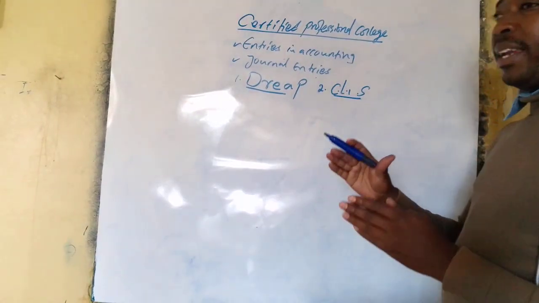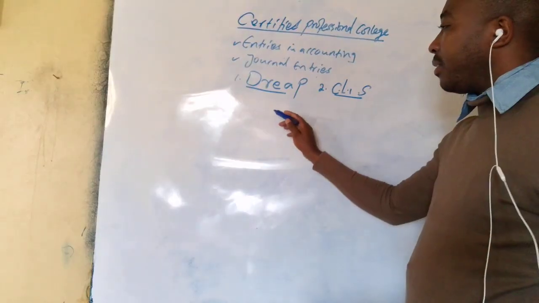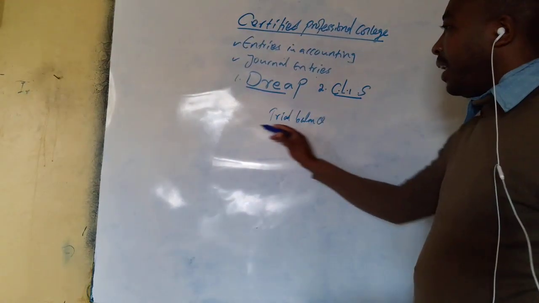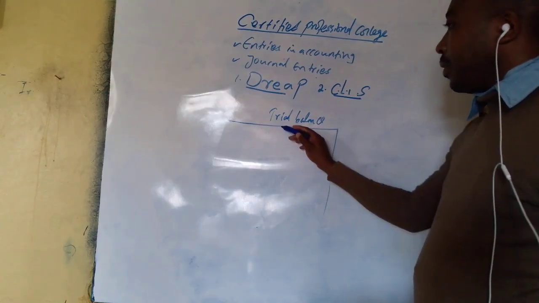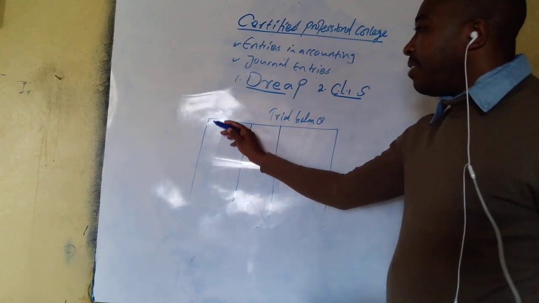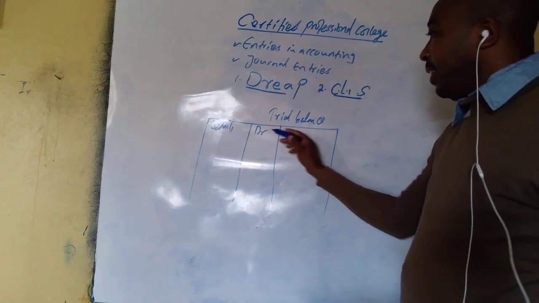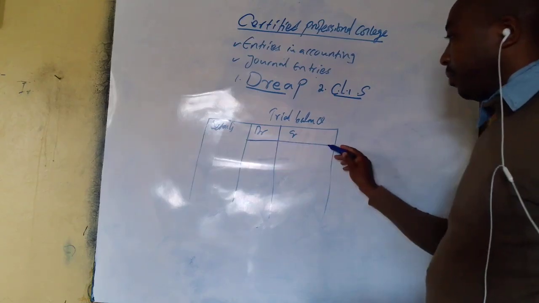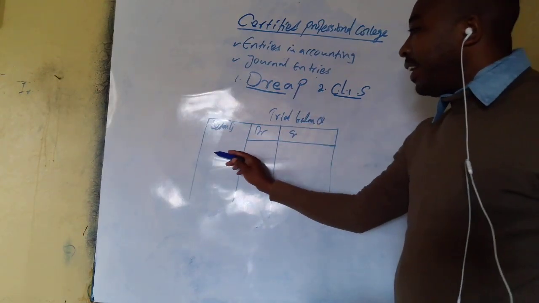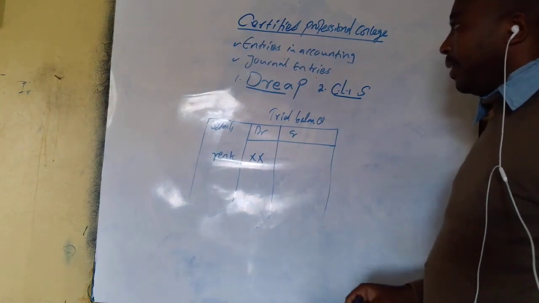Even when you are preparing a trial balance, you just come and draw it like this. Here we have details. Here we have debit and credit. So if you have expenses like rent, you are supposed to record it on the debit side.